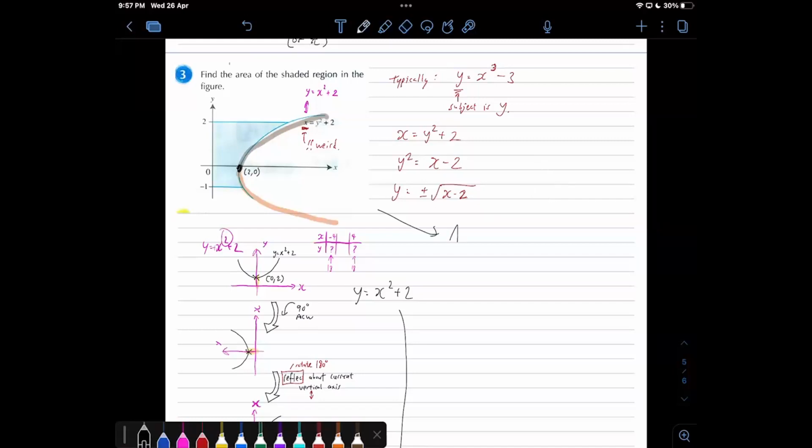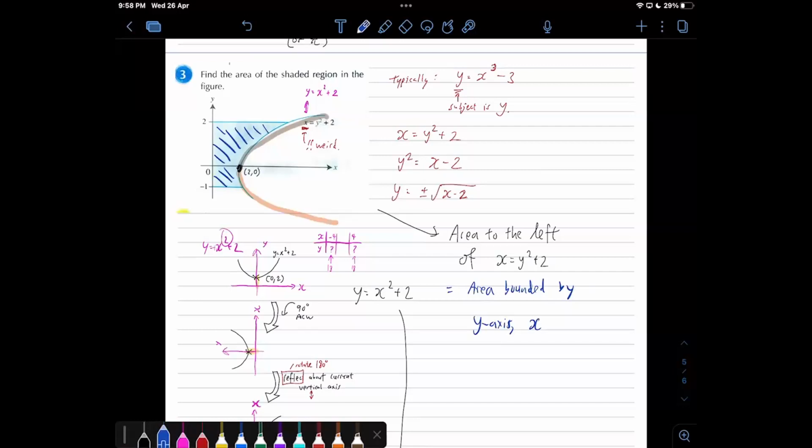Okay, so finding the area to the left of this curve, right? That's the blue color area we are shading. More specifically, it is the area bounded by the y-axis, and this time instead of 2 vertical lines, it's 2 horizontal lines.